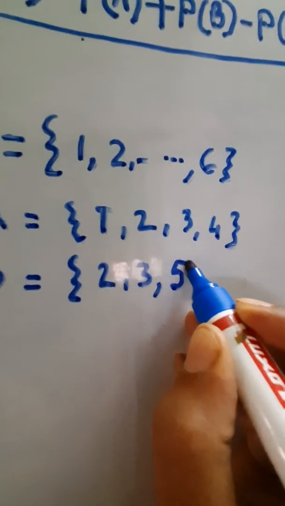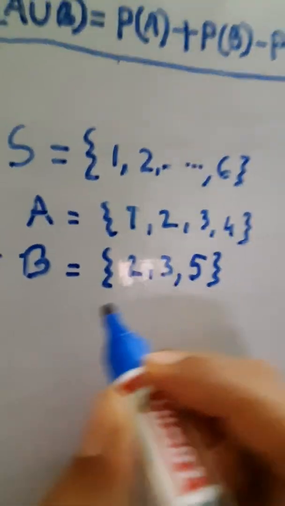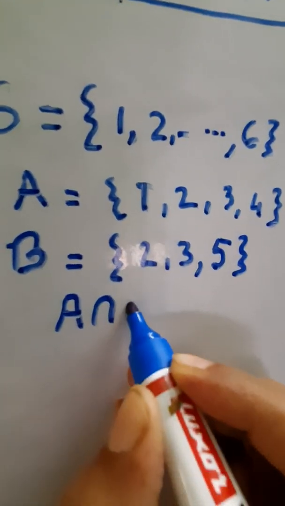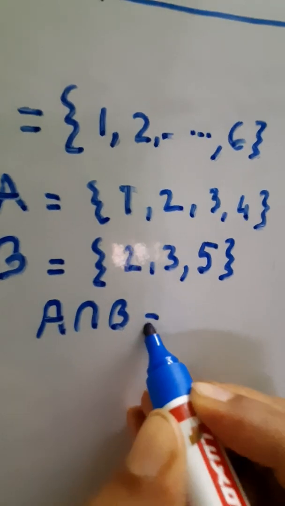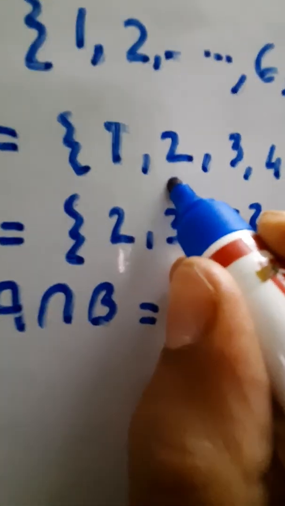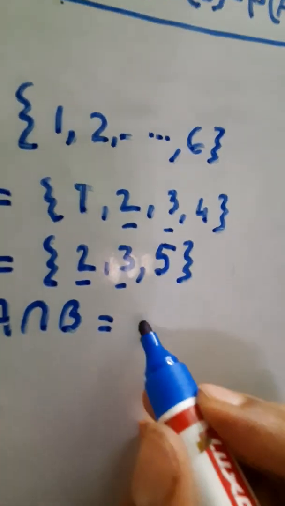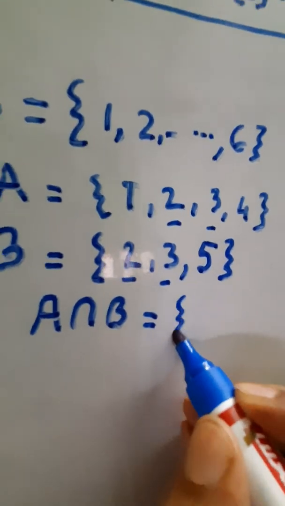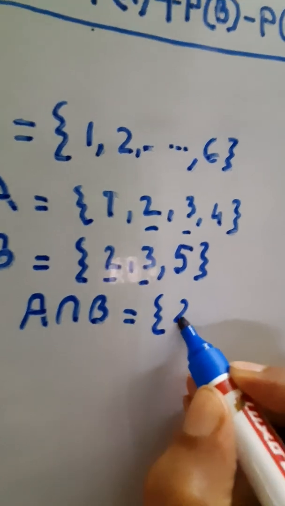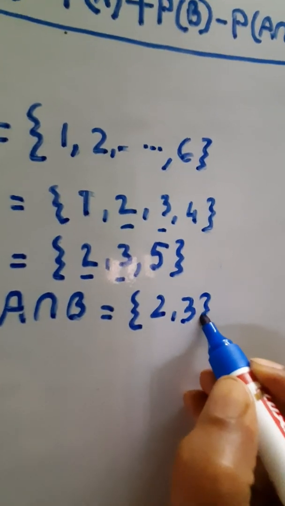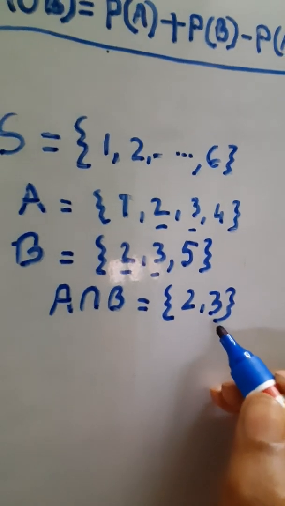Now A intersection B, obviously the common outcomes are 2 and 3. So this is the event A intersection B, which represents the intersection part.